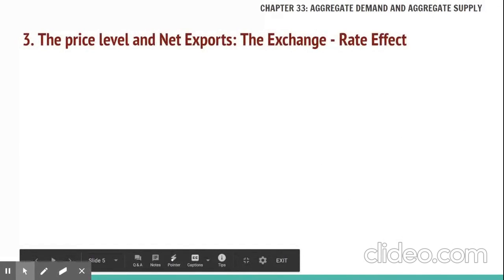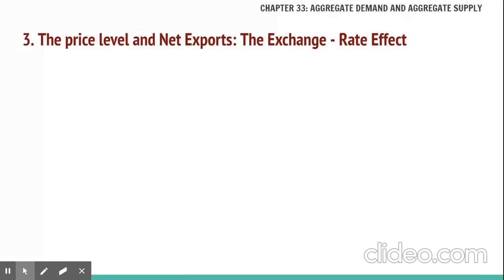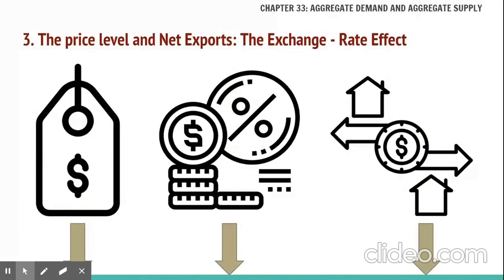The last reason is the price level and net exports, the exchange rate effect. When a fall in the price level causes interest rates to fall, the real value of the dollar declines in foreign exchange markets.